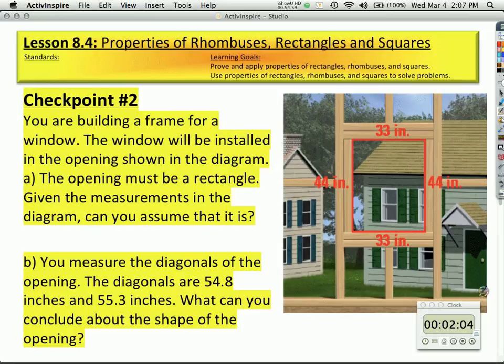Right angles. It doesn't tell you it's parallel. It's a parallelogram. It just shows the measurement, it doesn't say if it's parallel.